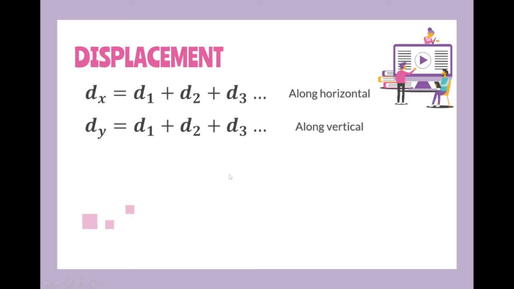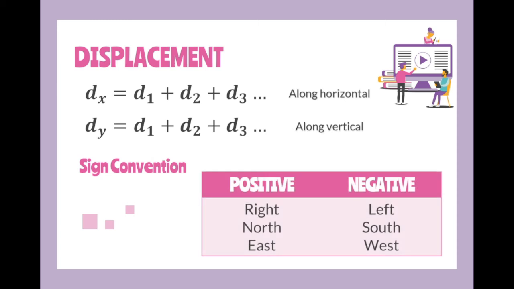The operations to be used in solving for the displacement is dependent on the direction where the body moves. The numerical coefficient is said to be positive if the body is directed to the right, north, or east. The numerical coefficient is said to be negative if the body is directed to the left, south, or west.